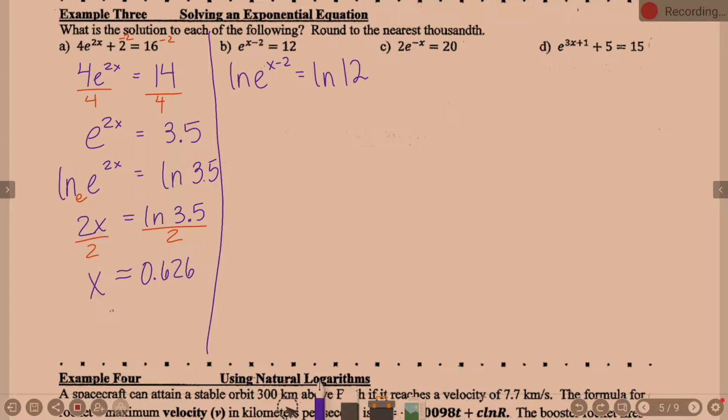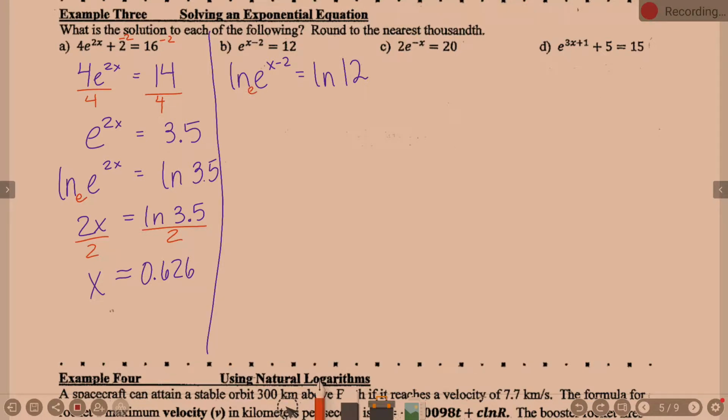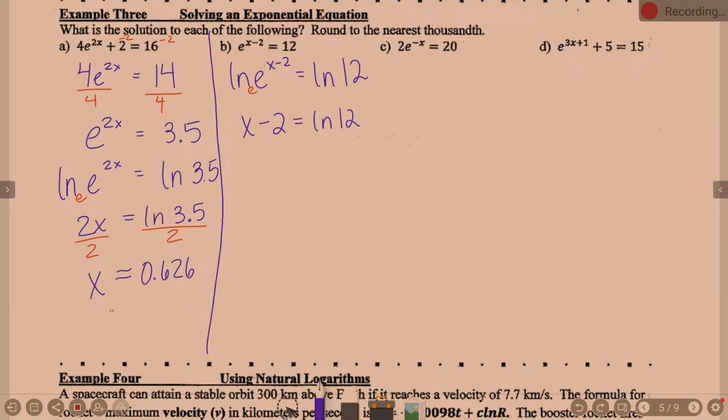You can move that power out front if you want. That's still legitimate. However, natural log of e. What do we know about this natural log of e? It's just a 1, and then we have whatever the power is. What's my power? x minus 2. So we can just skip and say, okay, x minus 2 equals natural log of 12.